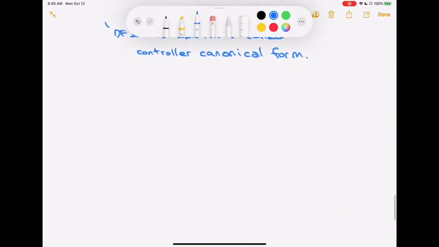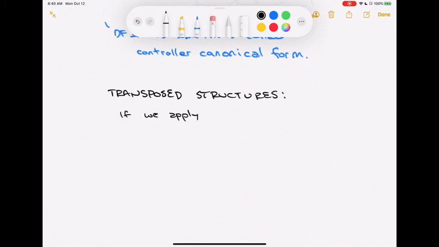In order for me to do that, I'm going to introduce a very simple transformation that can be done to any of these block realizations without altering their overall system behavior. So let's look at what are called transposed structures. If we apply the following steps, and I'm going to do this without proof, we obtain an equivalent realization.